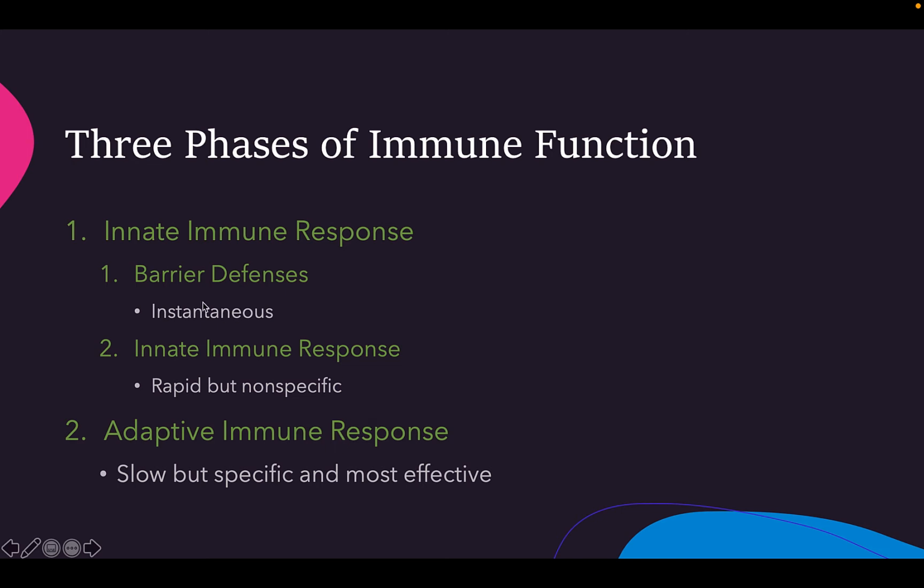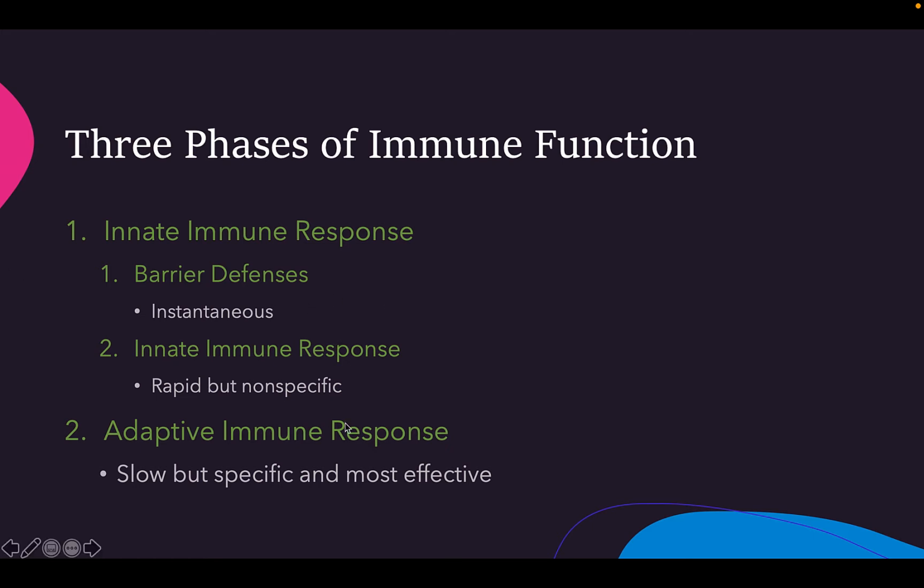The barrier defenses, such as skin and mucous membranes, act instantaneously to prevent pathogenic invasion into the body tissues. And then the rapid but non-specific innate immune response consists of a variety of specialized cells and soluble factors, but together with the barrier defenses, this makes up the innate immune system.